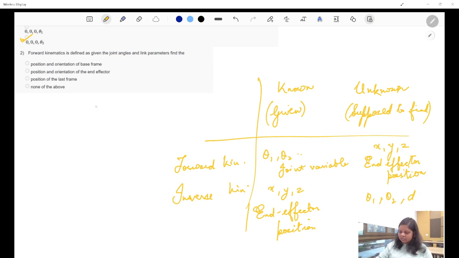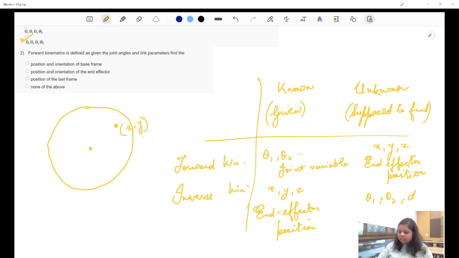Why does it become difficult? Let's say this is the center point, and then let's say we want to be here. So this is the end effector point that you have already, let's consider it to be planar. So you have been given x, y, that this is the point I want to reach.